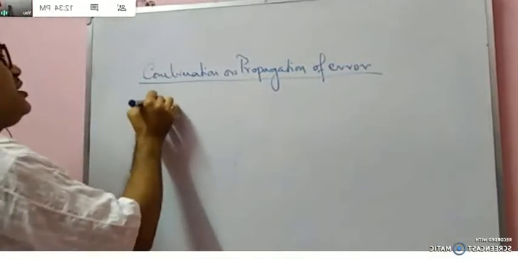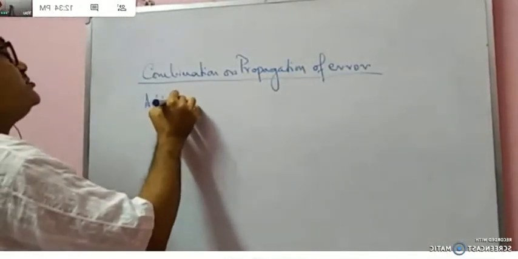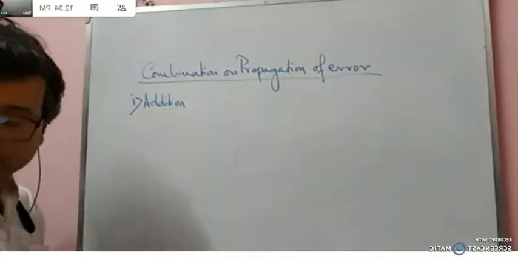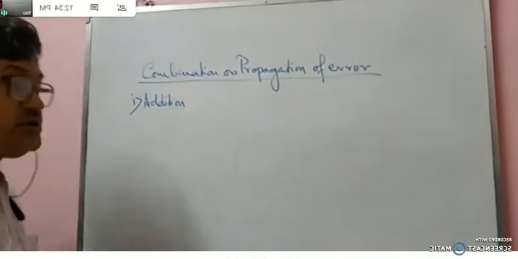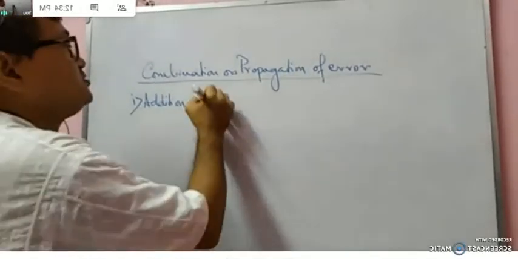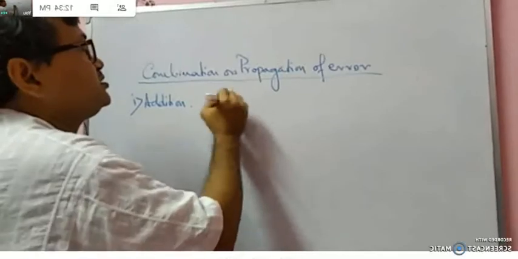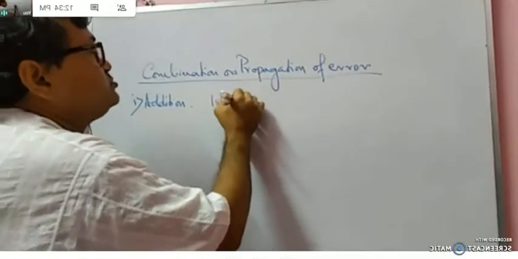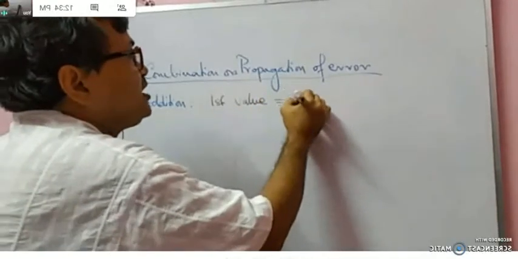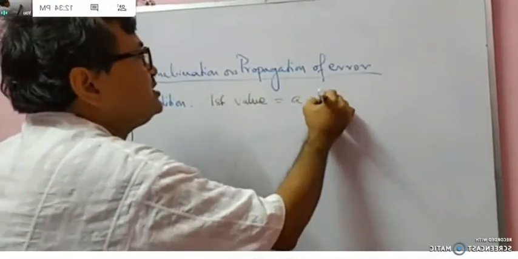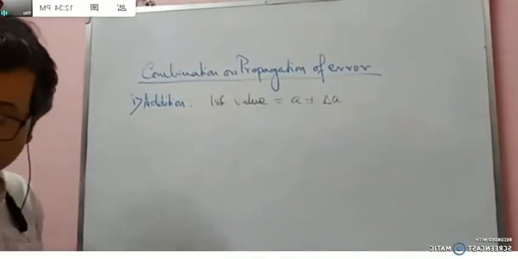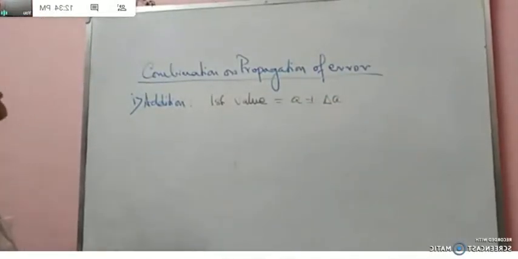So first I go for addition. Number 1. Now in this case, let two physical quantities be A in the first value, suppose A plus minus delta A. This delta A is actually the average value.